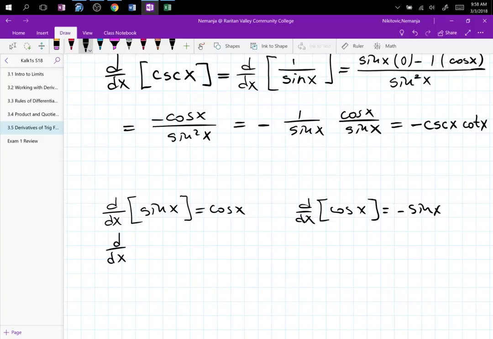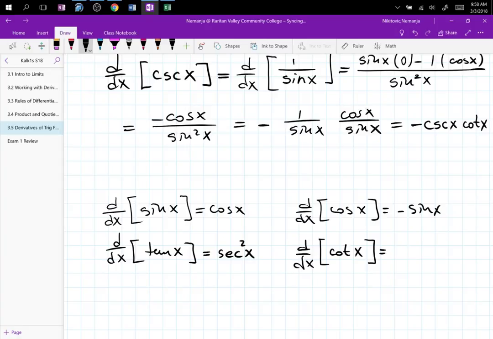The derivative of tangent x is secant squared x, and the derivative of cotangent x is negative cosecant squared x.